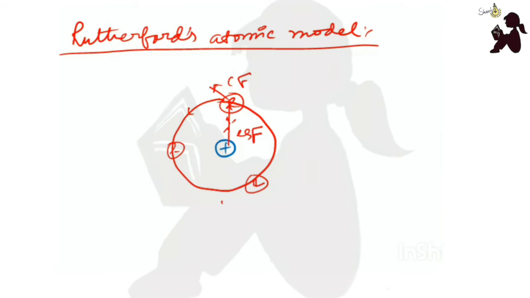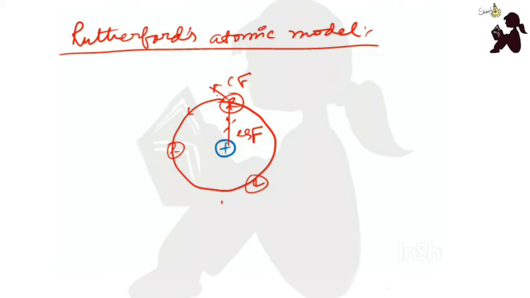This theory has some drawbacks. Maxwell said that if any charged particle is moving, then it continuously emits energy. See, if it emits energy, then what will happen?